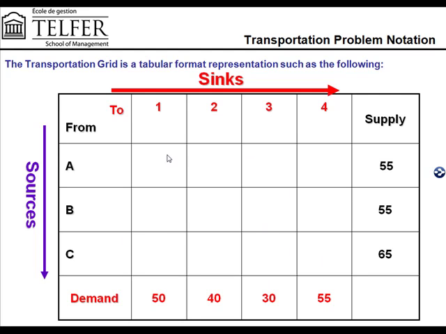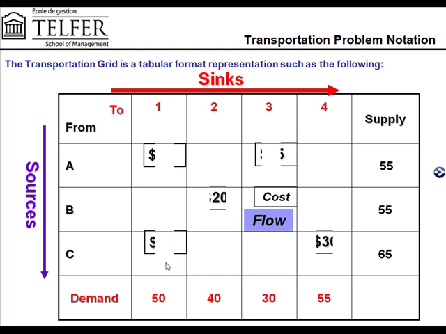The cells in the table itself are meant to show you the flow as well as the cost of transportation between those points. So that's typically done by showing you the cost in a smaller cell. Underneath that, you will have the flow associated with that supply and demand point. So in this case, what we're saying is it costs $15 per unit of transportation from source A to sink 1, or from supply point A to demand point 1.